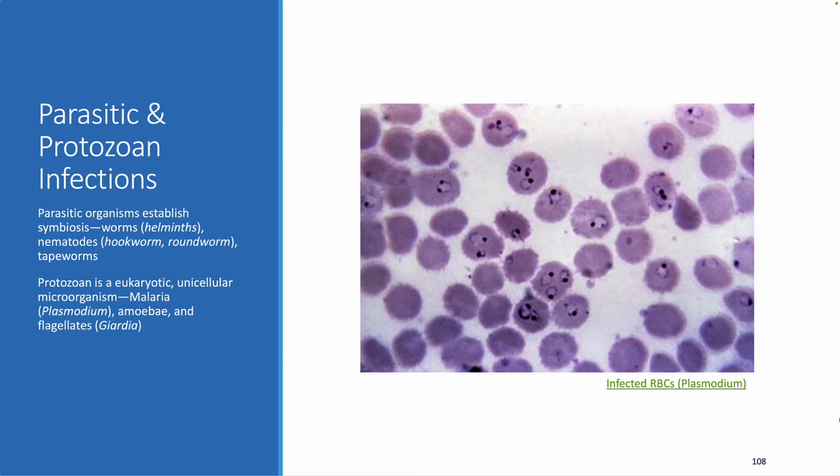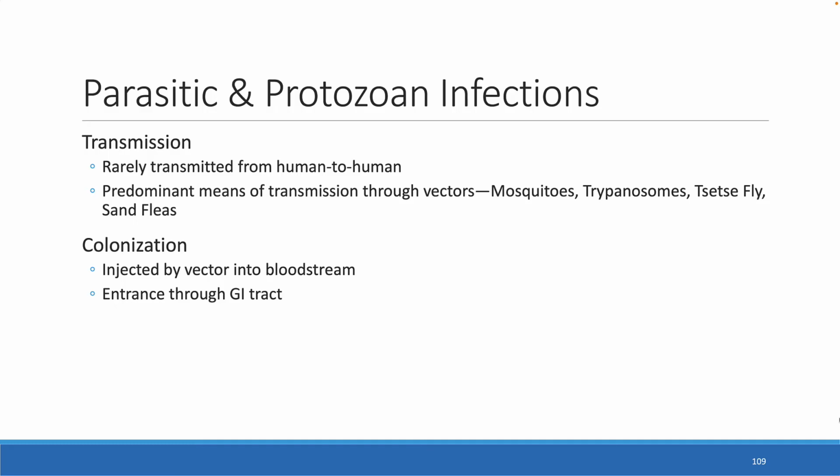And then protozoa are themselves eukaryotic unicellular organisms, and malaria from Plasmodium is shown here. So you can have these little Plasmodia critters inside the red blood cells here. So these are rarely transmitted from human to human.